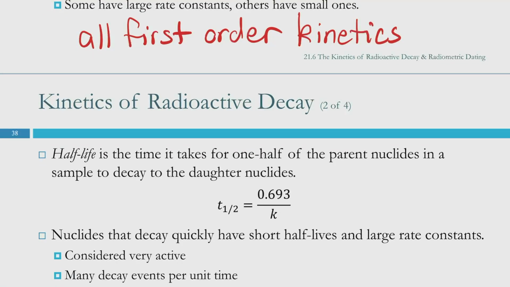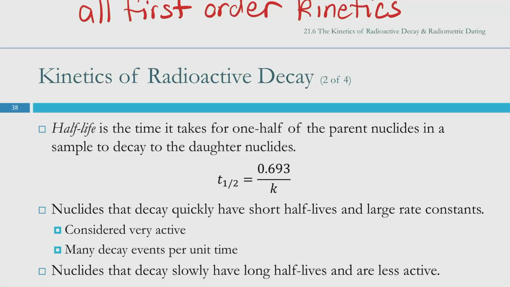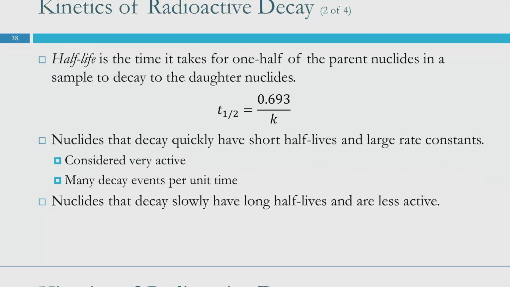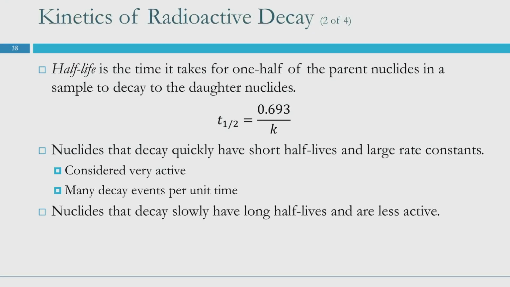Half-life, we've used before. It's the time it takes for half of the parent nuclide to decay to the daughter nuclide. And we've got this familiar equation we've seen before. If I'm remembering correctly, the top is natural log of 2, 0.693. So we will be using this equation.